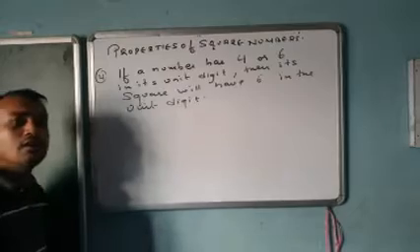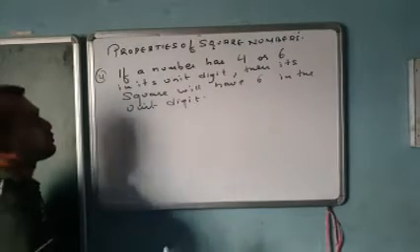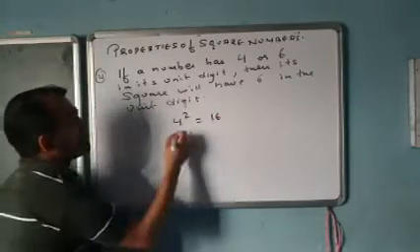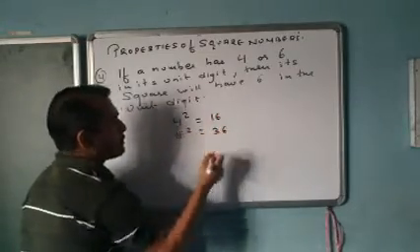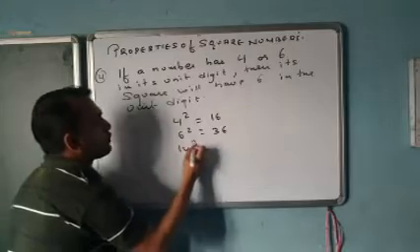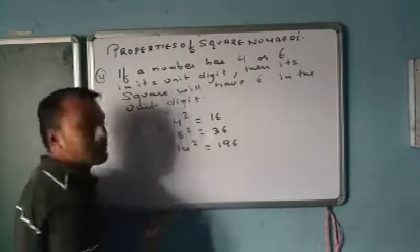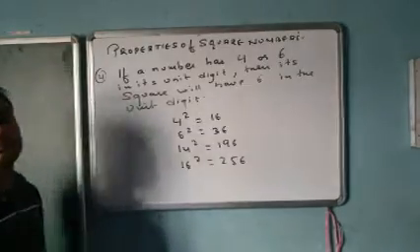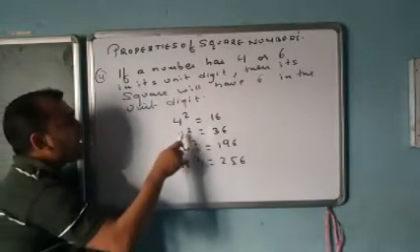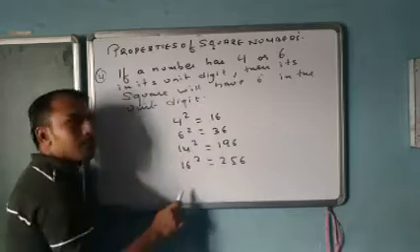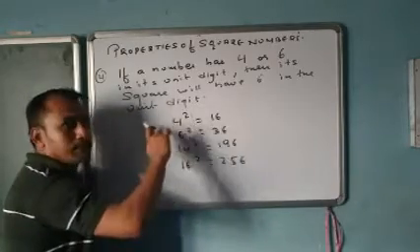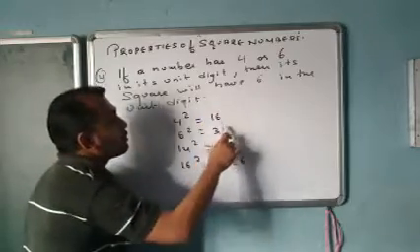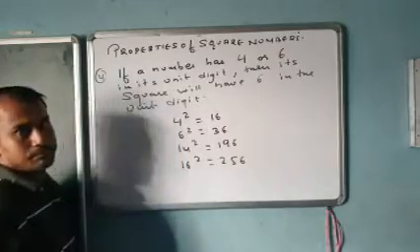So let me illustrate this with an example. 4 square, 16. 6 square, 36. 14 square, 196. 16 square, 256. Again, see the pattern. When I have 4 and 6 in the unit digit, and if I take the square of that, the resultant answer will always possess 6 in the unit digit.